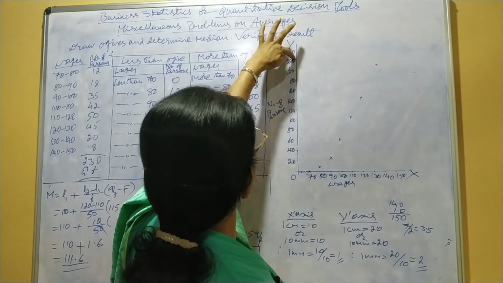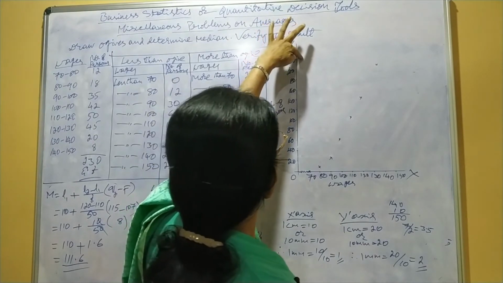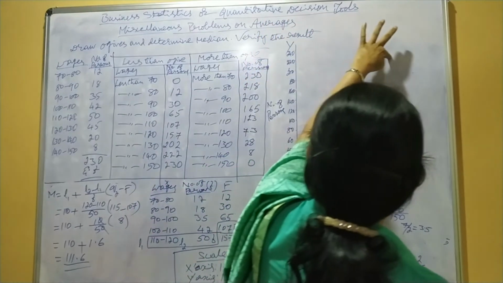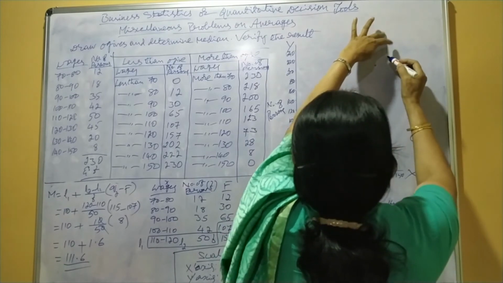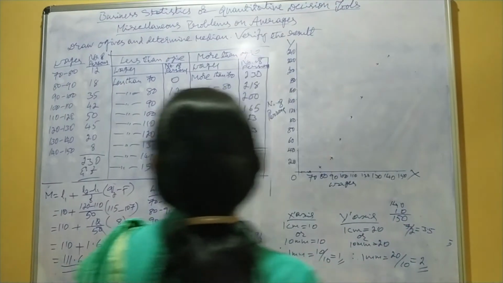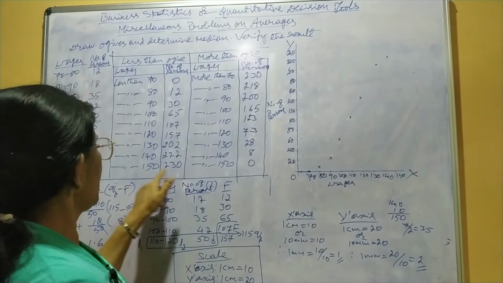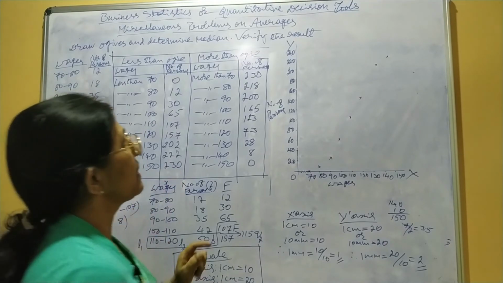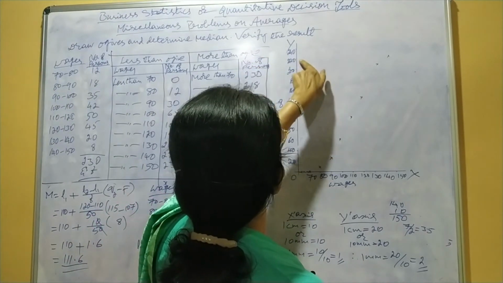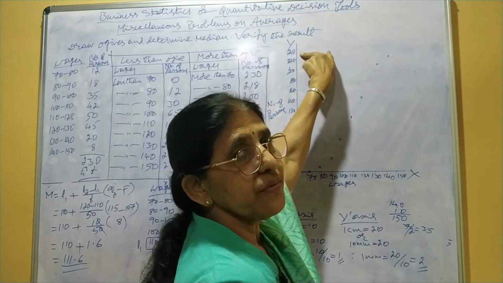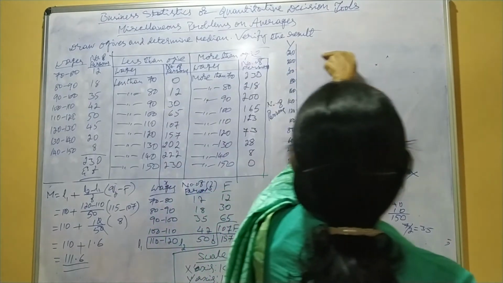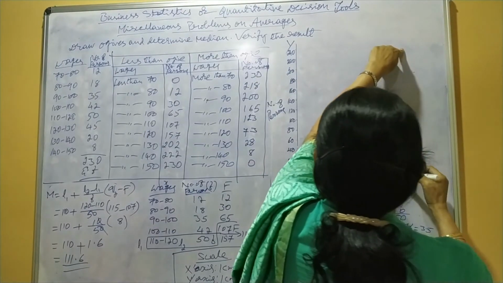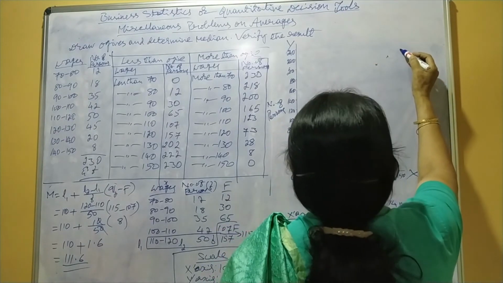Here it is 220. 2 means 1 millimeter above 220, corresponding to less than 140. Then less than 150, 230. 230 means 220 plus 10, that means 5 millimeters, half centimeter, corresponding to 150.